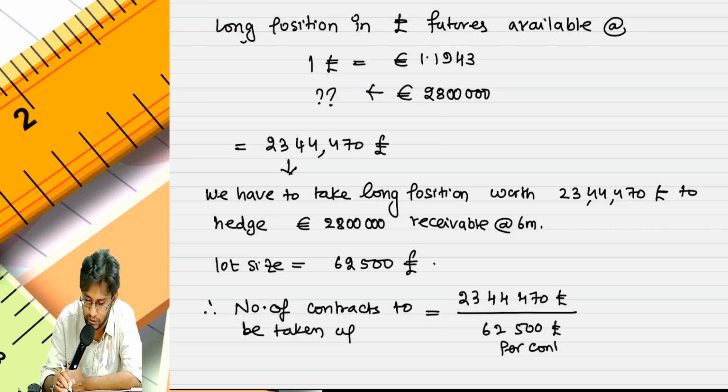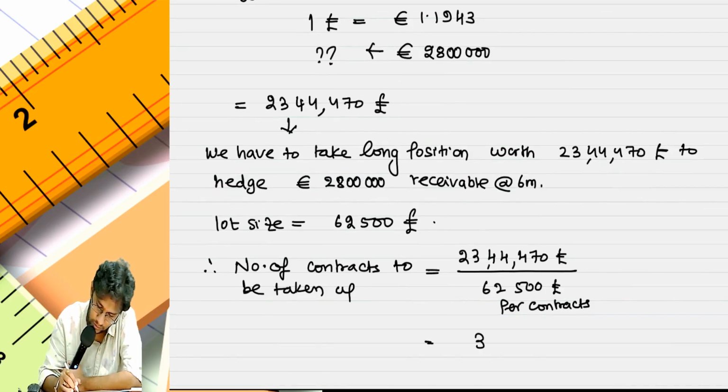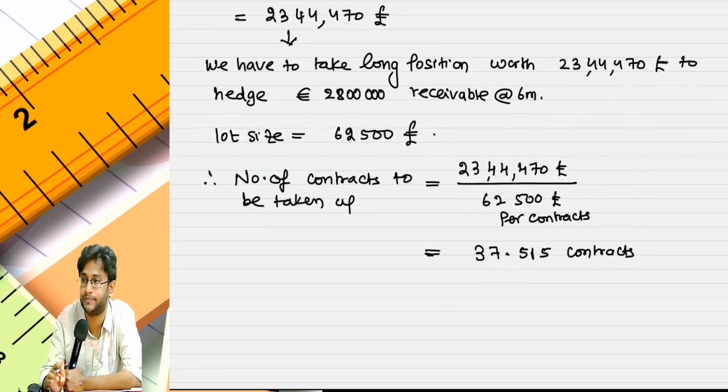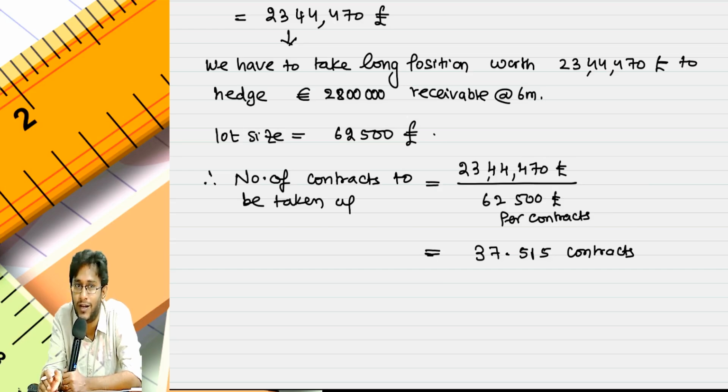So the answer will be in contracts. Exactly, 37.5. Okay. Now read the question correctly and tell me how many contracts you should take. Nearest to whole number means what? 37 or 38? Pakka, no?